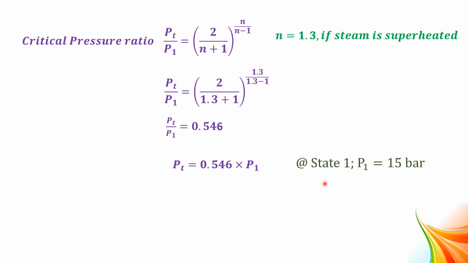In our problem, they have given the inlet pressure P1 equal to 15 bar. Substituting the value of P1 in this equation, we get the throat pressure Pt equal to 8.2 bar.